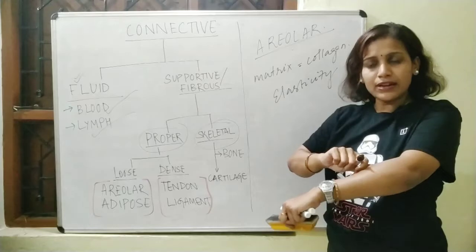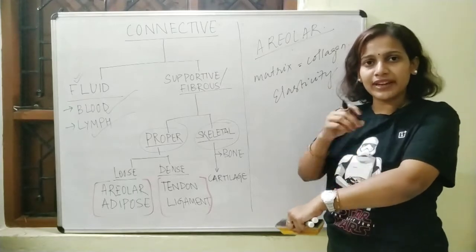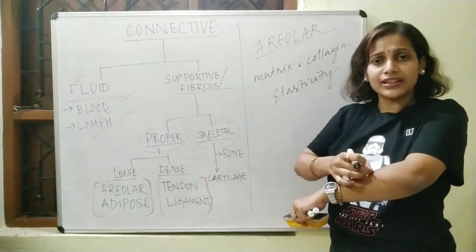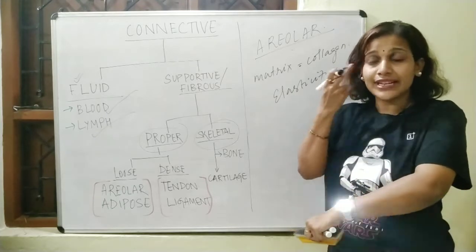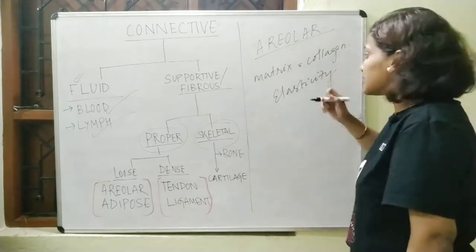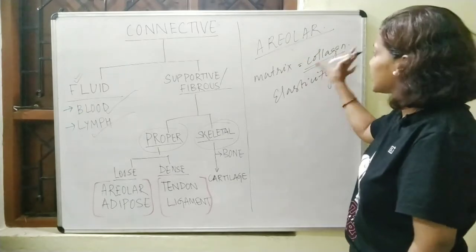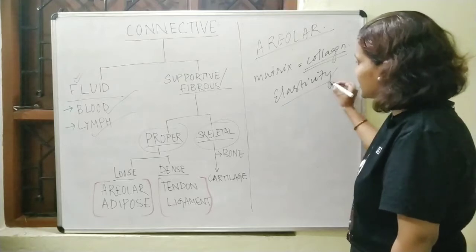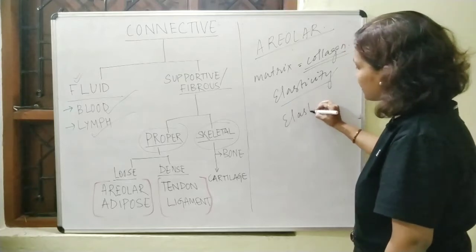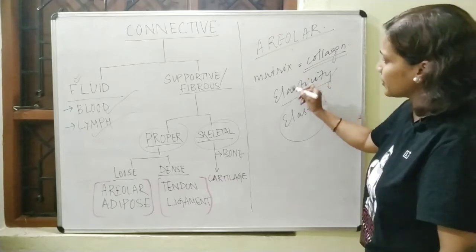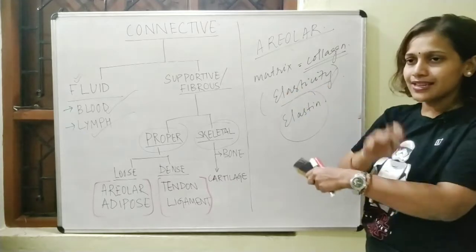Like you just pull it, it's not that easy, but when it comes to a very elderly person, you see the skin is very loose and you can easily lift it. Wrinkles, the appearance of wrinkles, is because of this. So the matrix is basically made up of this particular protein, collagen, and along with it, another protein called elastin. So these two are responsible for bringing about the elasticity in your skin.